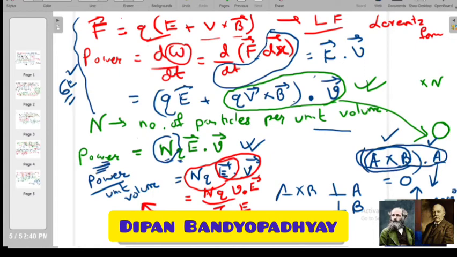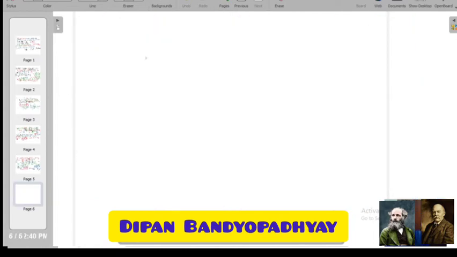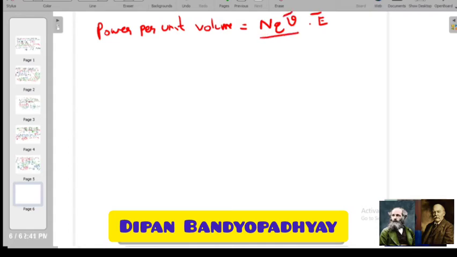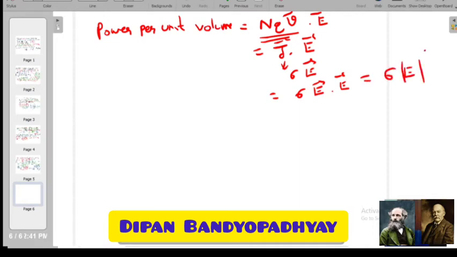So what we have seen is that power per unit volume is basically nqv dot E, and this nqv is nothing but J, and you know J is basically sigma E. So we can write sigma E dot E, and this we can write as sigma times mod E squared.